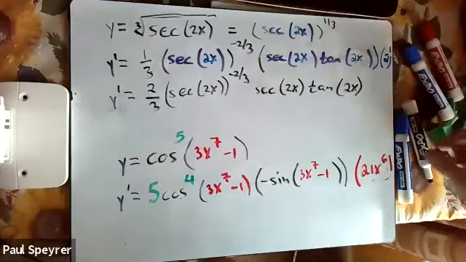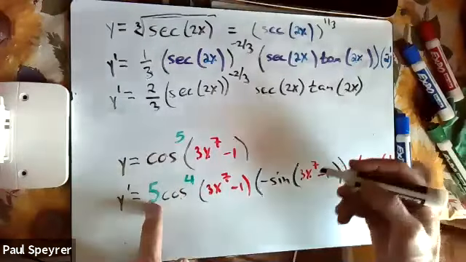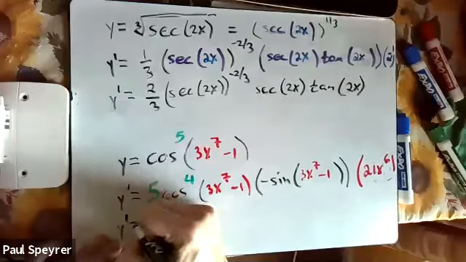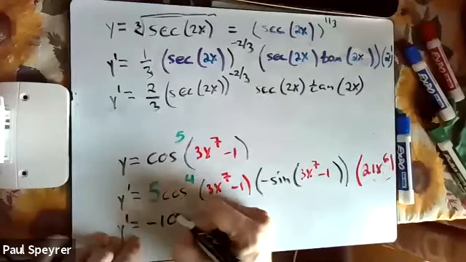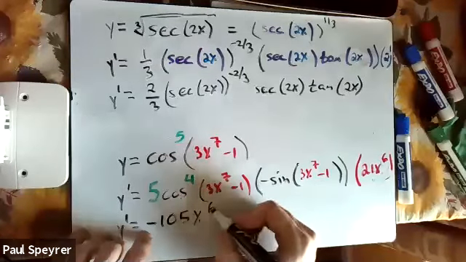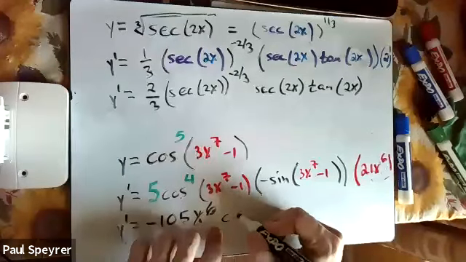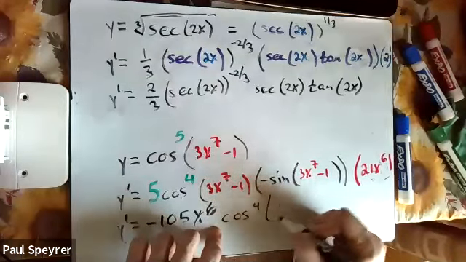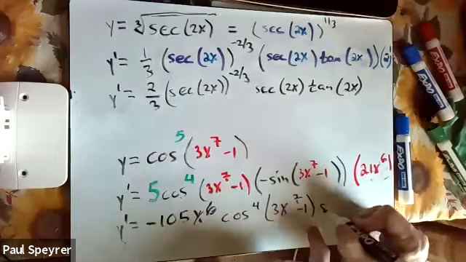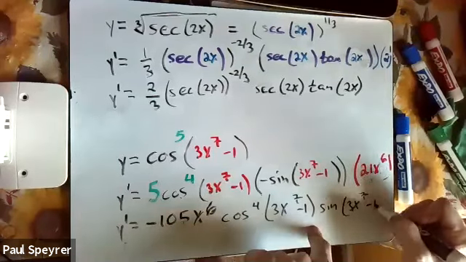And then to finish it off, we can go, oh yeah, negative 5 times 21, right? That is negative 105 x to the 6th, cosine to the 4th power of 3x to the 7th minus 1, and then sine of 3x to the 7th minus 1.